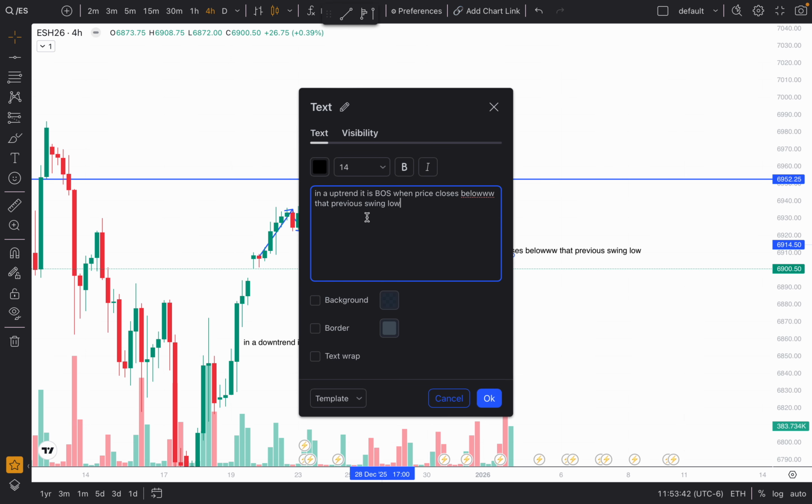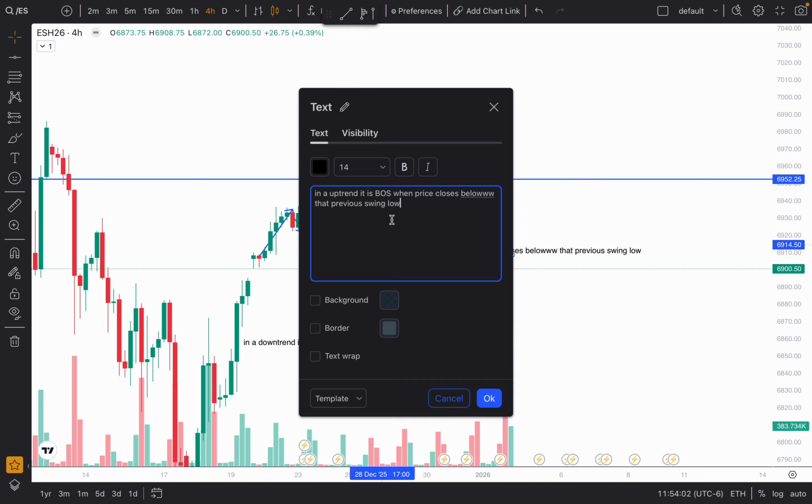We do it like this because in an uptrend, price moves in higher highs and higher lows, and in a downtrend, it moves in lower lows and lower highs. So if we're moving upwards in an uptrend and then we see that price closes below a low, we know that, all right, it's moving in lower lows now, which is what?